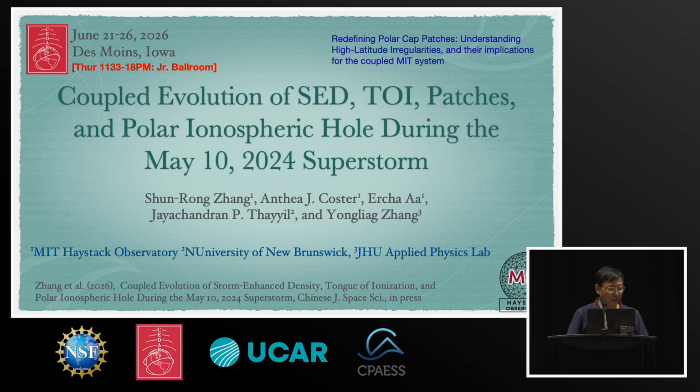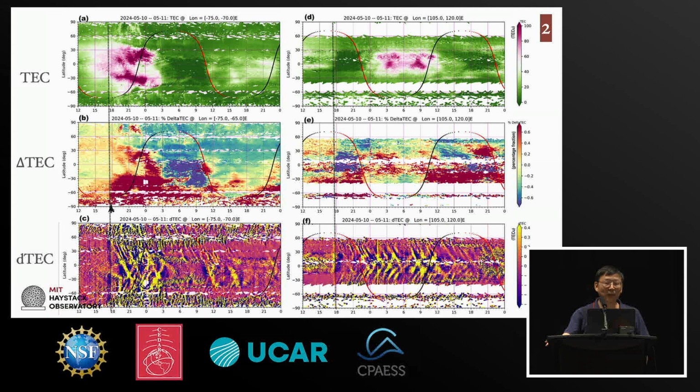This was mostly the observation during May 2024. I use ground-based TEC to demonstrate all these effects. There are lots of structures: storm enhanced density, TOI, patches, and the polar density hole.